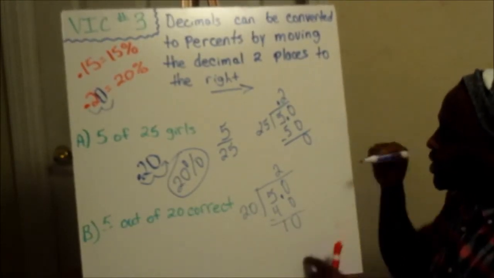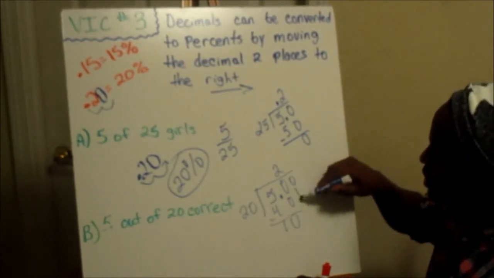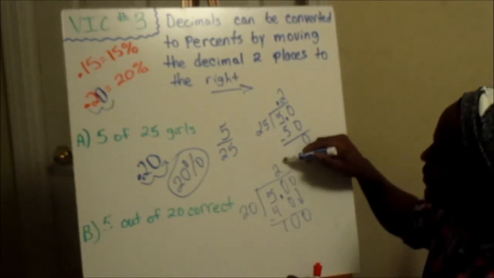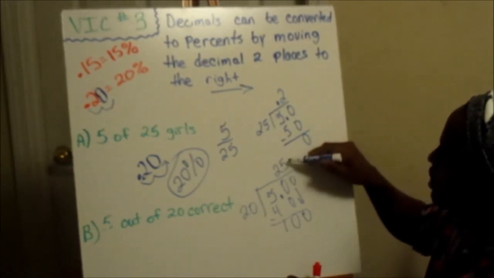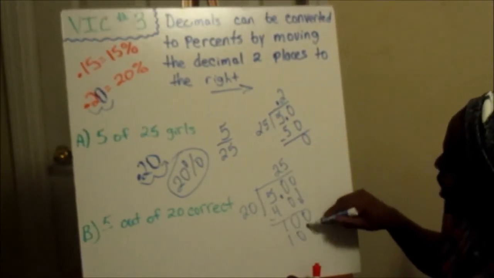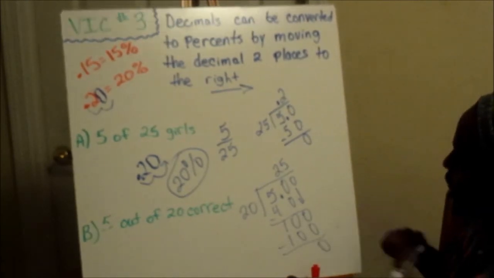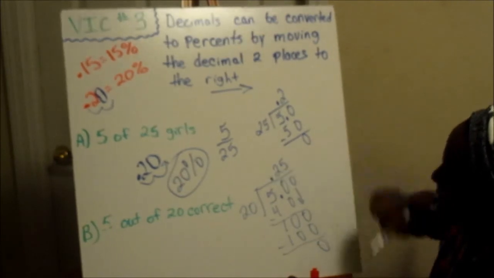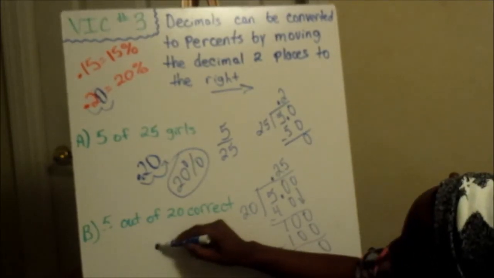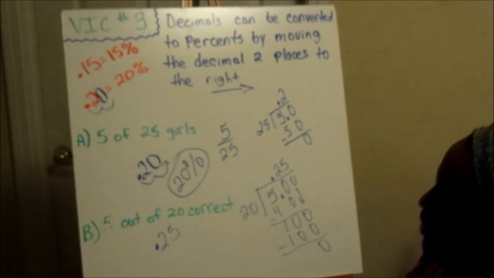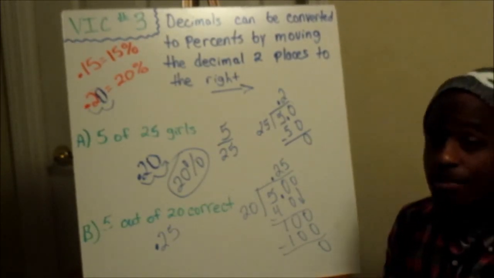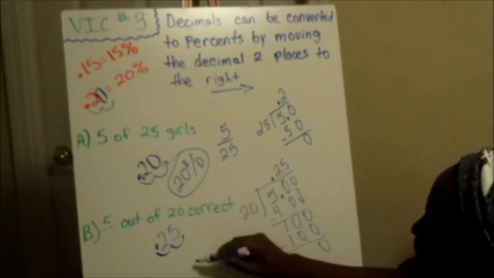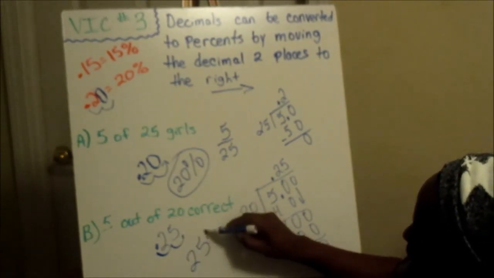I don't want a remainder, so I'll add a 0. 20 goes into 100 5 times. 5 times 20 is 100, and now I get a remainder of 0. I just move my decimal up into my quotient. So this is 25 hundredths. And to convert a decimal into a percent, I just move my decimal place 2 places to the right, and I will get 25%.